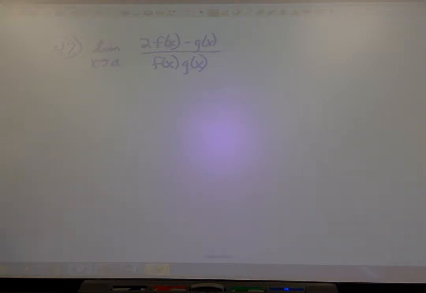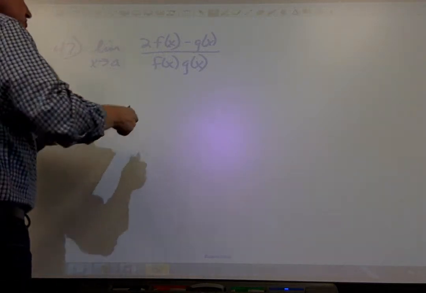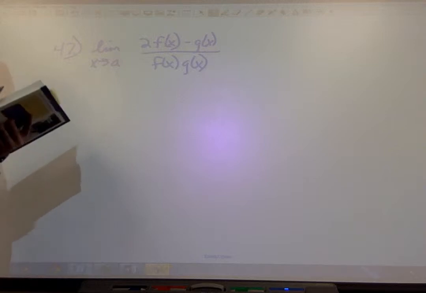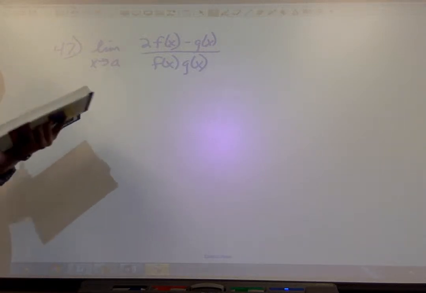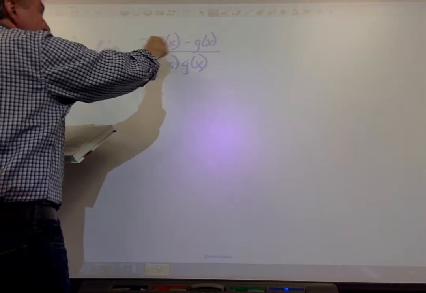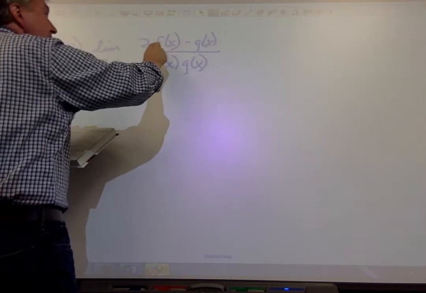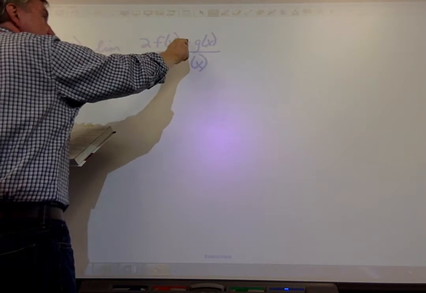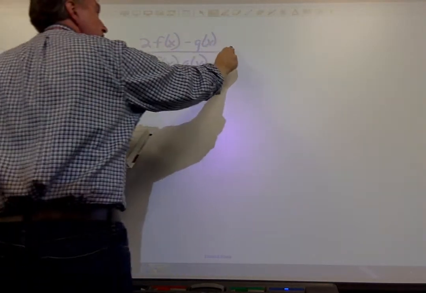I think they just want you to use those properties so that I could take the limit of the numerator over the limit of the denominator. Remember that from our little chart of limit properties? And if I do that, the limit of this I could separate into 2 times the limit as x approaches a of f of x minus the limit of g of x. Well, I know that.